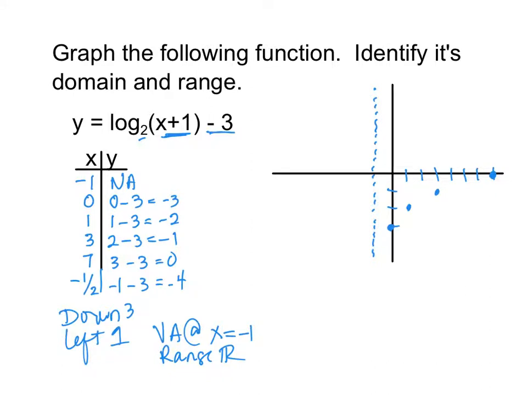Let's also put in that -1/2 right here, and that is down 4. So I know that there's a vertical asymptote at -1, and then this comes up because the range is all real numbers. So now we can also throw in the domain: x such that x is greater than -1. And that's our graph. On the next slide, I'm going to show you another way to do the same graph.